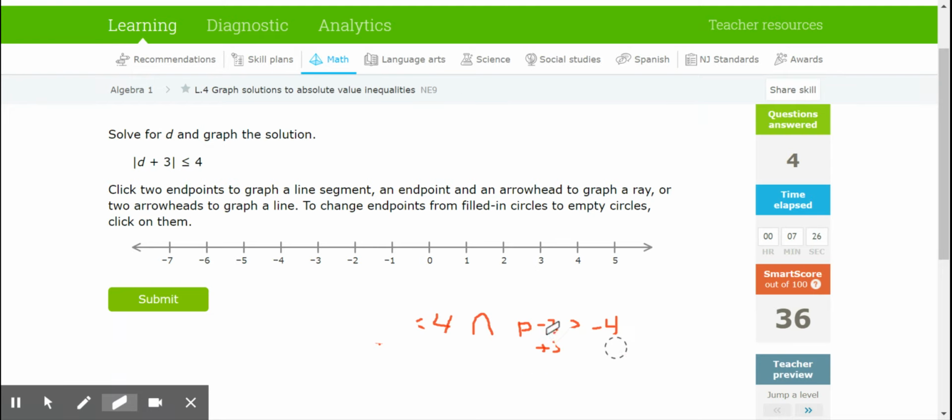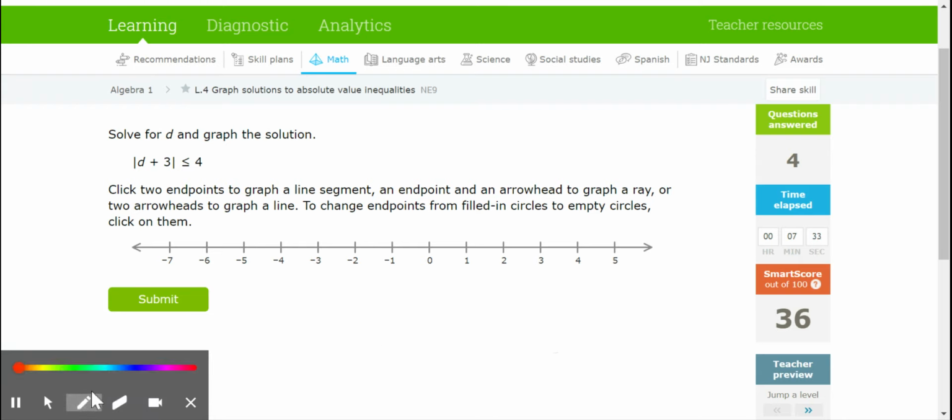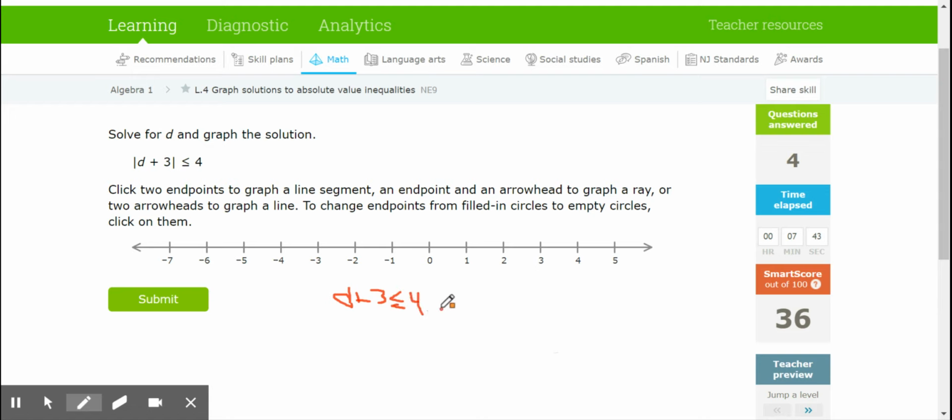All right, this has already been isolated, so I don't have to rewrite it. The absolute value is on the left-hand side, so that's perfect. Okay, D plus 3 is less than or equal to 4. Okay, so I'll set what's inside equal to the positive case.